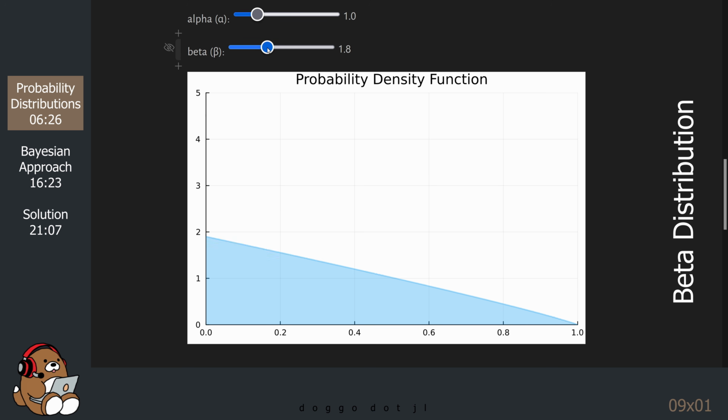If you decrease the value of beta below 1 while alpha is 1, then the curve shifts to the right. The beta distribution is a very flexible distribution, so you can adjust the values of alpha and/or beta to fit many different shapes.